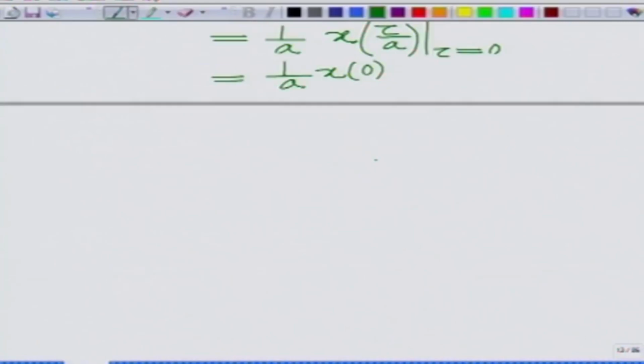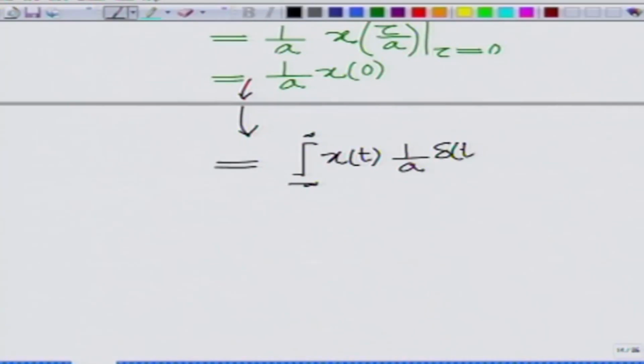But recall that 1 over A x of 0 is also equal to simply integral minus infinity to infinity x of t times 1 over A delta t times dt.